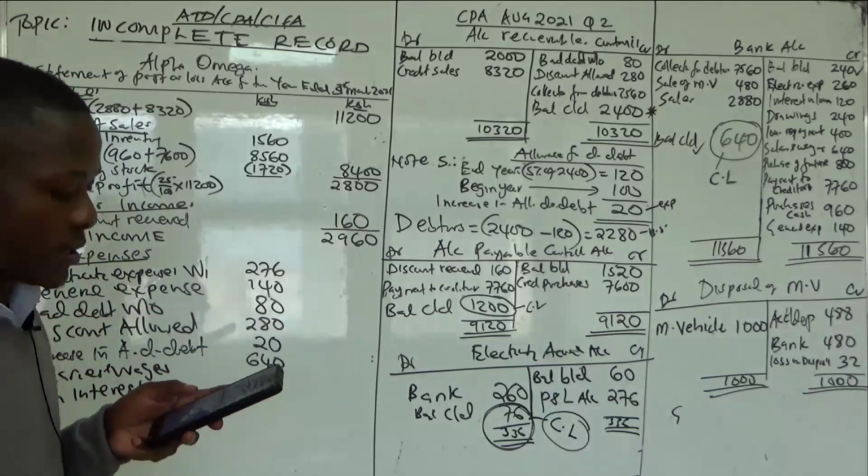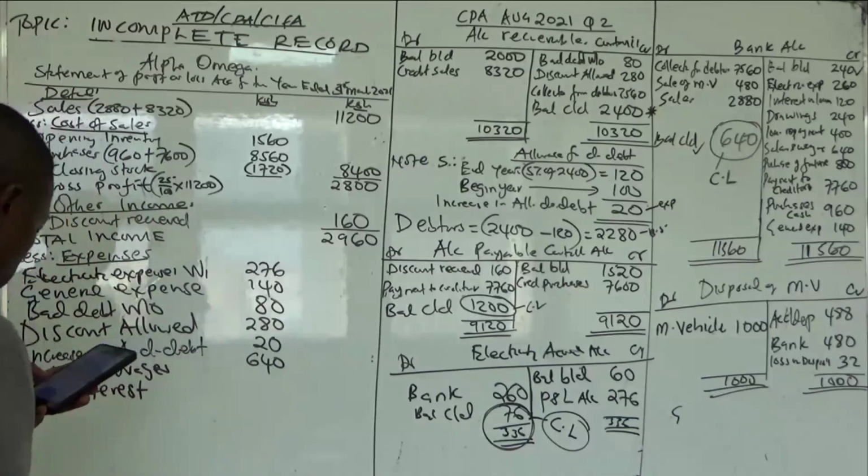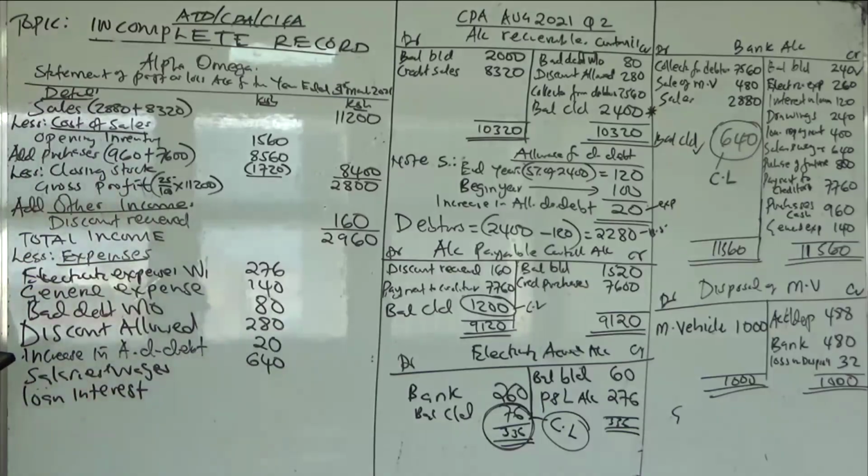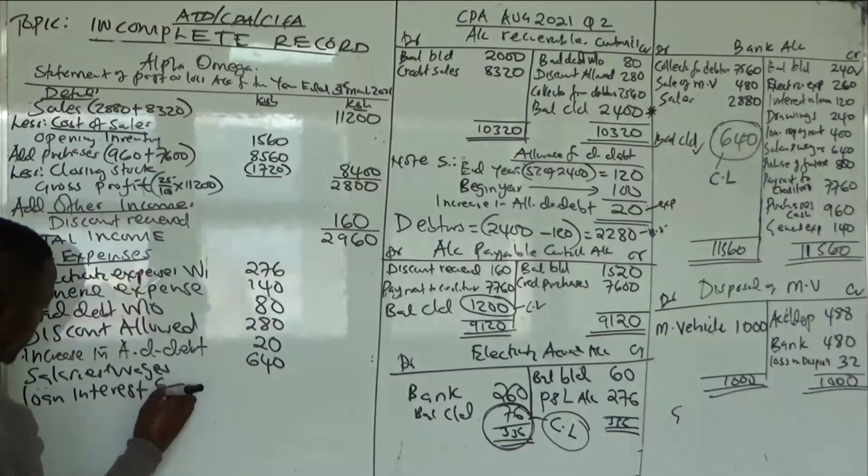How many months are they? 6. How many months? 6. 6 months. So it will be 6 over 12.